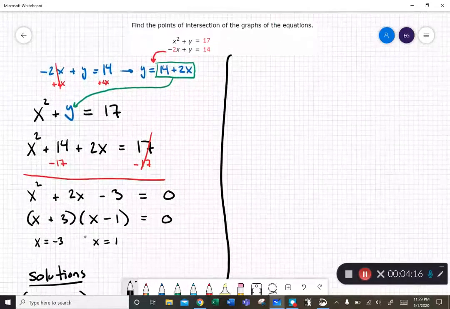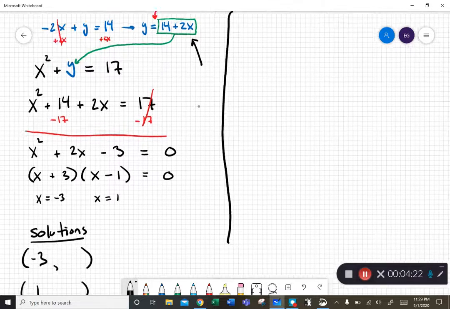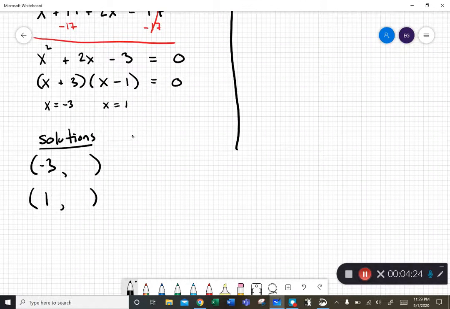Okay, so let's go back up here, and I'm going to revisit this y equals 14 plus 2x.